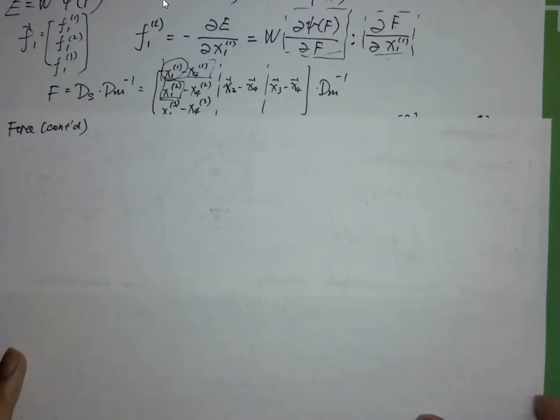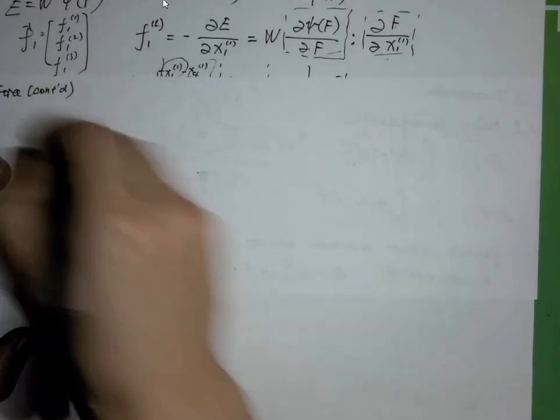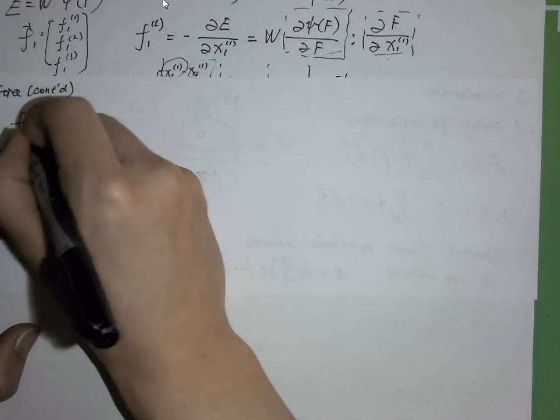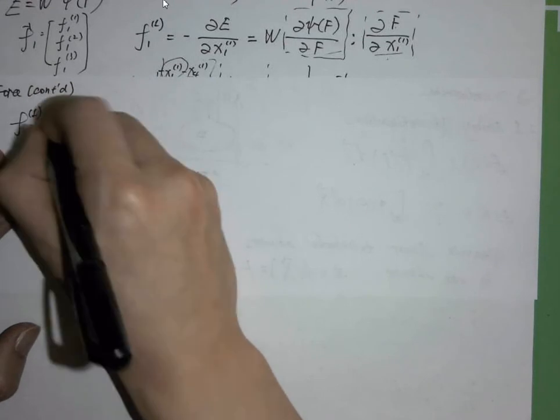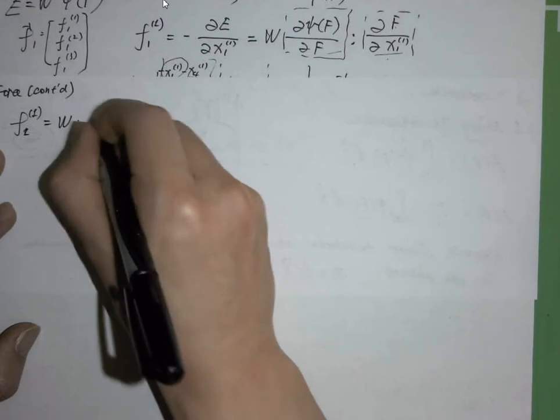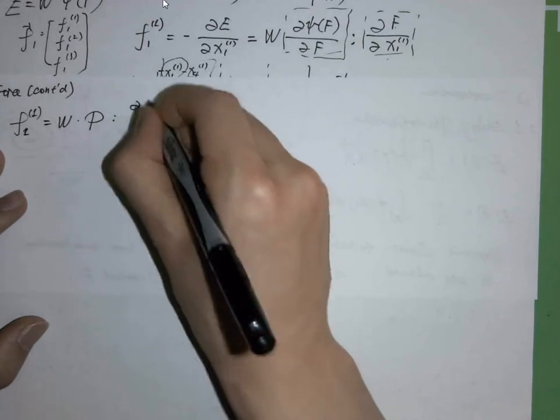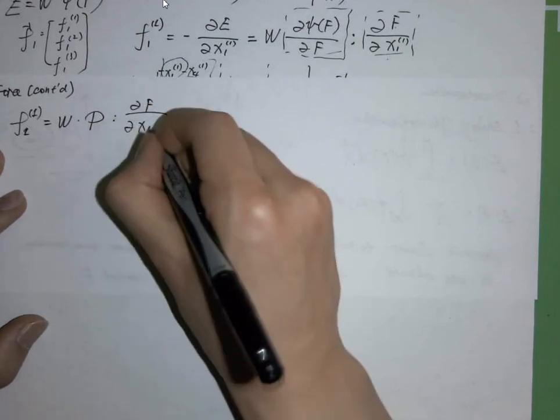So, let's plug it inside. We know that the force acted on the first vertex, on the first dimension, equals W multiplied by P, which is the Piola-Kirchhoff stress tensor, double contraction df/dx11.